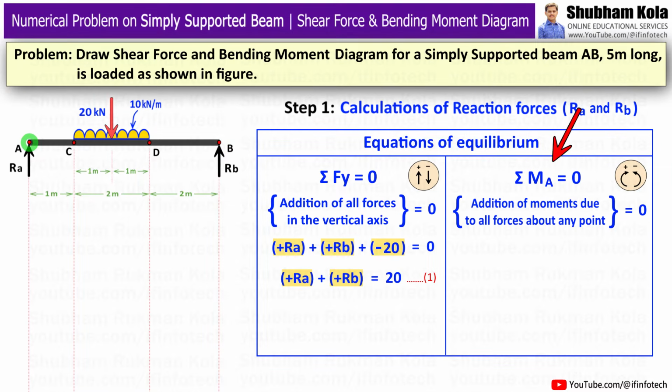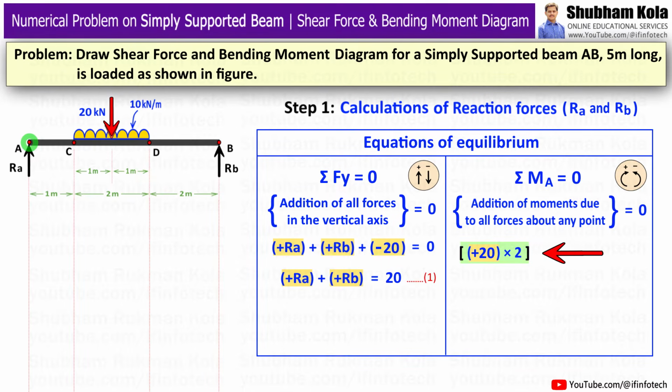So for taking moment at point A, I will fix the beam at point A. Now here 20 kN converted point load will be pushing this beam towards downward. So it rotates the beam clockwise from fixed point. So as per the sign convention, for clockwise moment, I will add this force with positive sign.